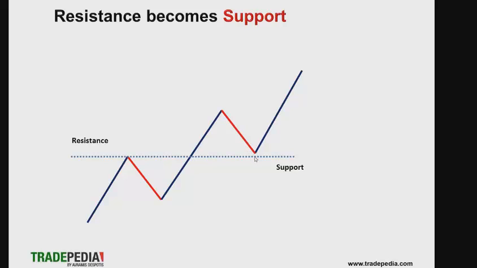Ideally, what we are looking for is to find a possible level where this correction will end before the market continues moving upwards again in the direction of the trend. Now there are several different techniques used to estimate at which level a correction can stop before continuing in the direction of the trend.